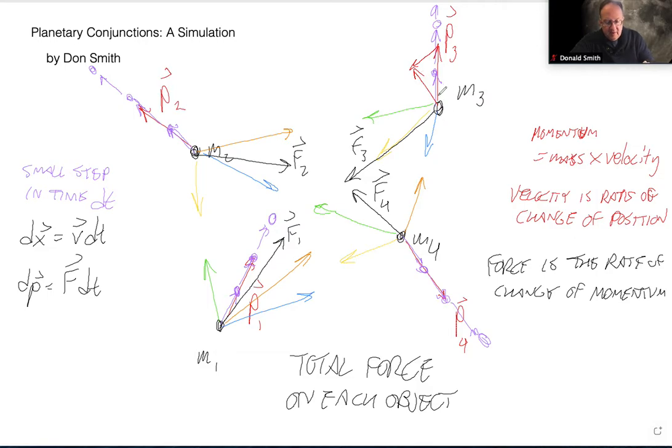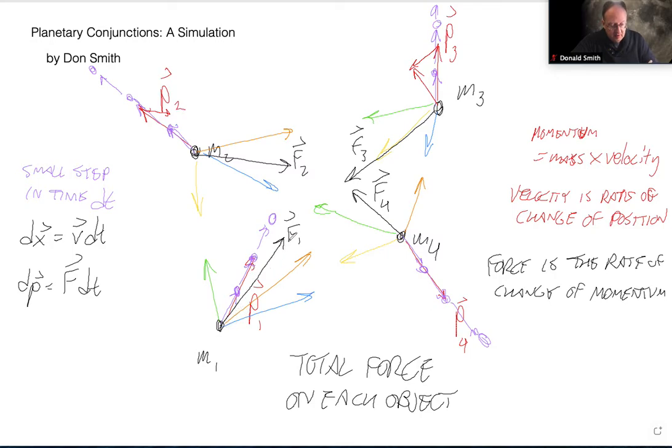So the rock, and then I apply the position change. So the rock is going to not move up anymore. Now it's going to move slightly to the left. And similarly, this momentum is going to change in that direction. So this rock is going to slow down and curve slightly to the right.